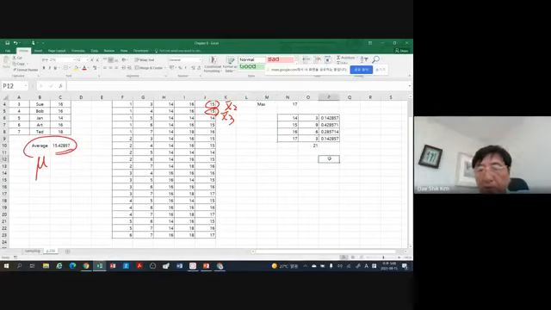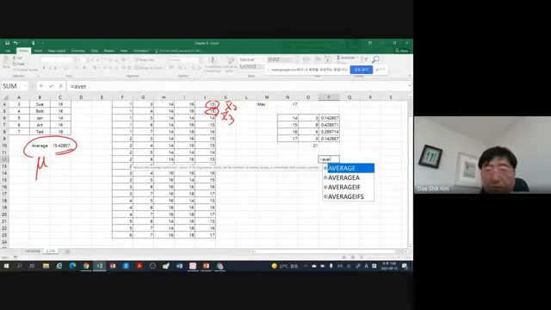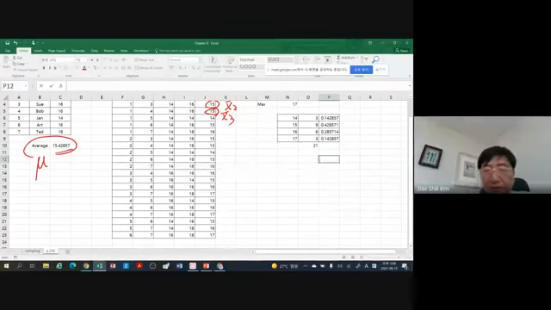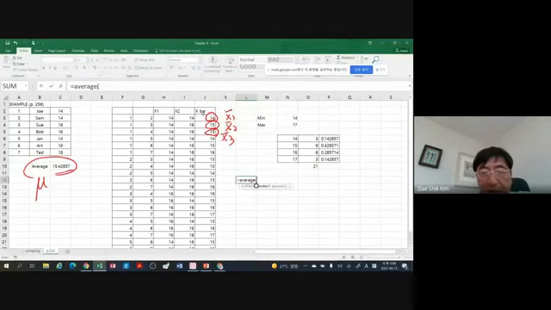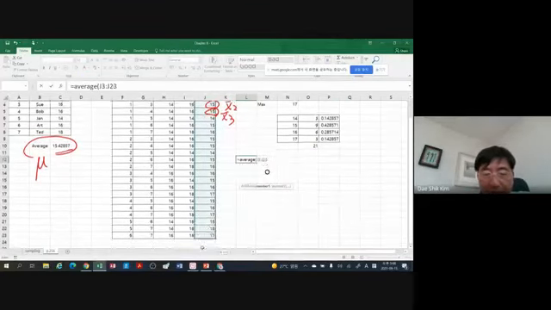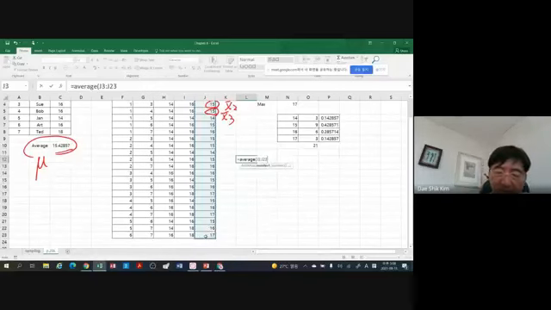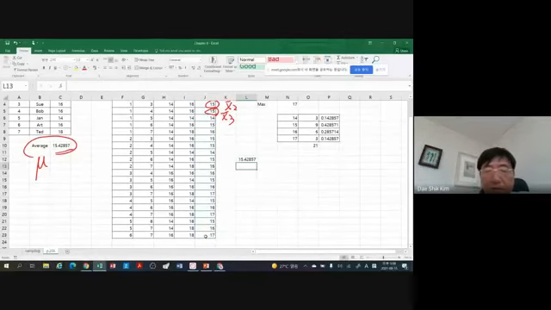I will try to calculate the average. Here, equals average of sample mean. The average sample mean is the average of this one: 15.43, exactly the same.